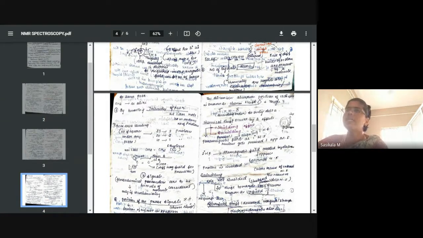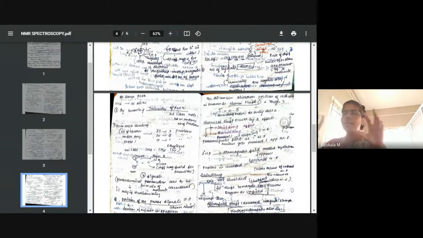So the number of signals will vary based on the cis and trans isomers. We have to look at the stereochemical formula of the compound, then we can finalize whether the same set of carbons or protons are giving a single signal or two signals. Based on the environment of the atom and spatial arrangement of the atom, it will absorb a different frequency, so we have to find out through the stereochemical formula only.